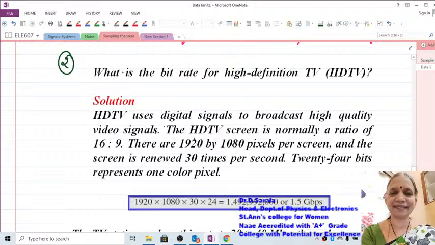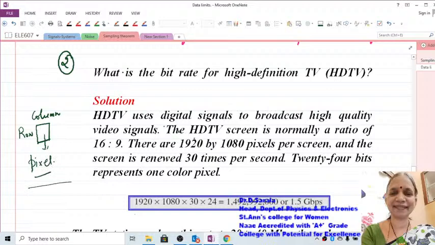The width is 16 and the length is 9. That means there are 1920 by 1080 pixels per screen. What is a pixel? It's an intersection of a row and a column. A row and a column intersection is referred to as 1 pixel.